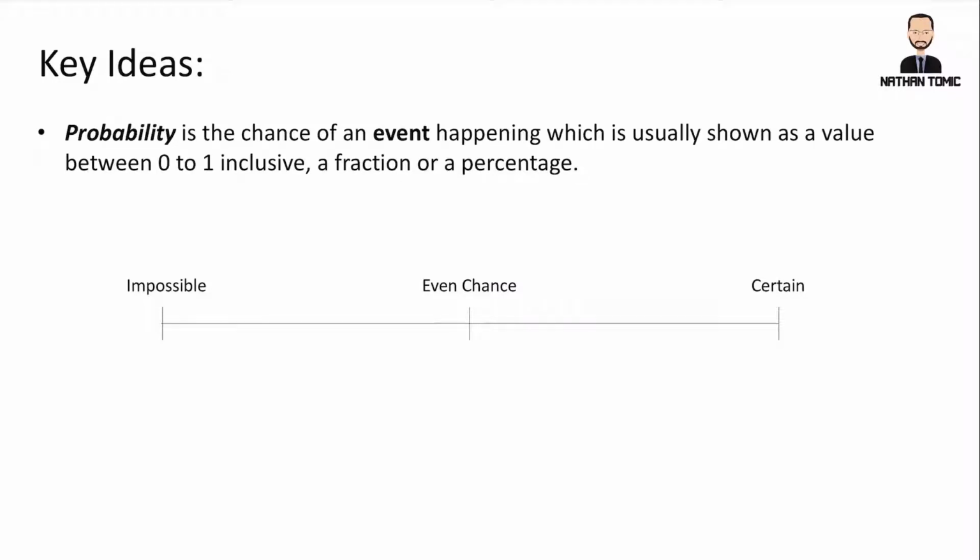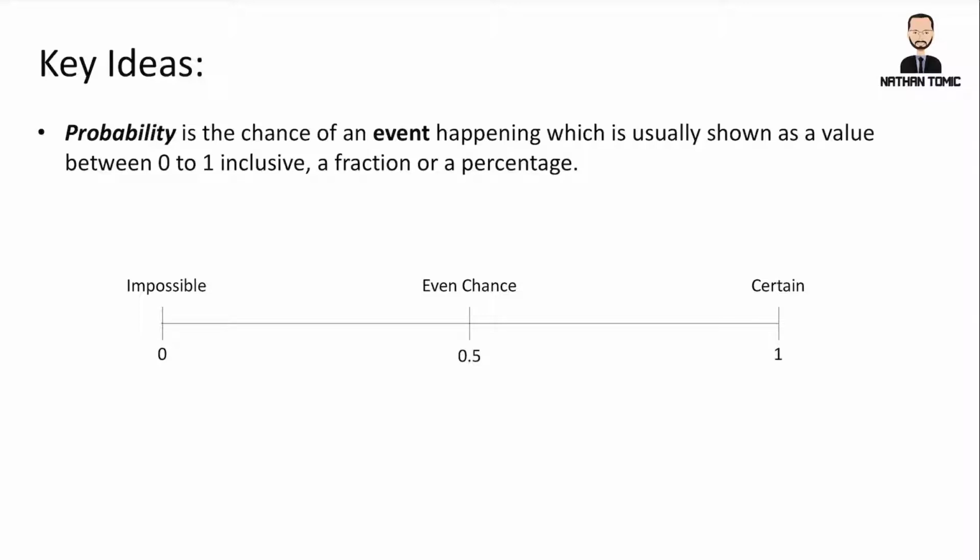We've seen that in an earlier video. So we could say something that is impossible has a probability of 0. Something that has an even chance has a probability of 0.5, and something that is certain has a probability of 1. So that is our range of 0 to 1 inclusive to show the probability of an event happening.